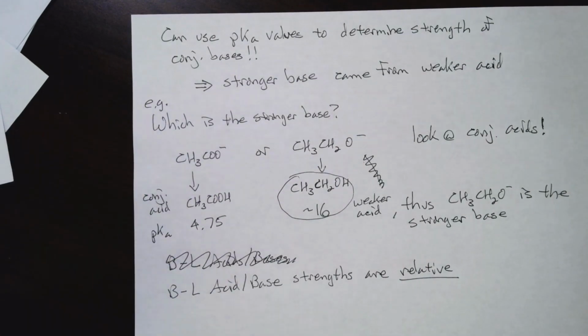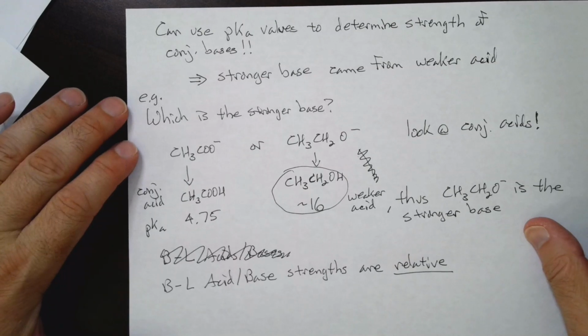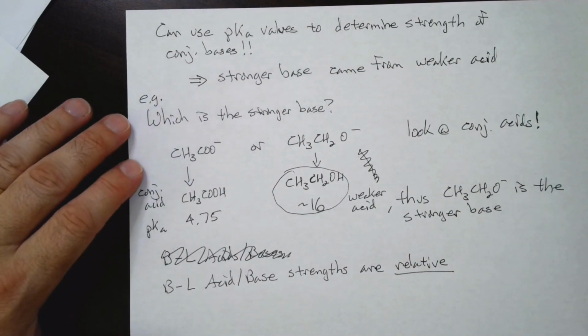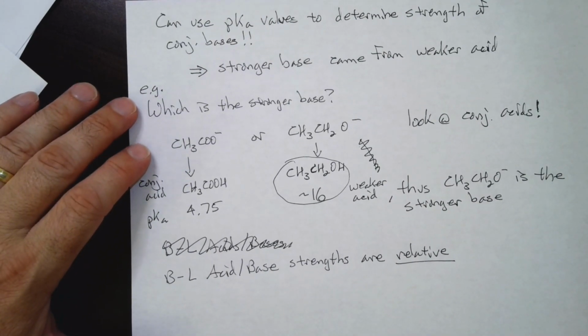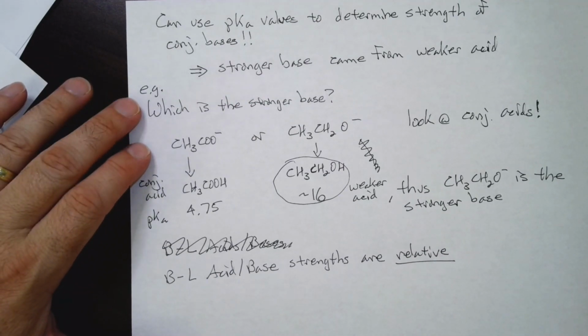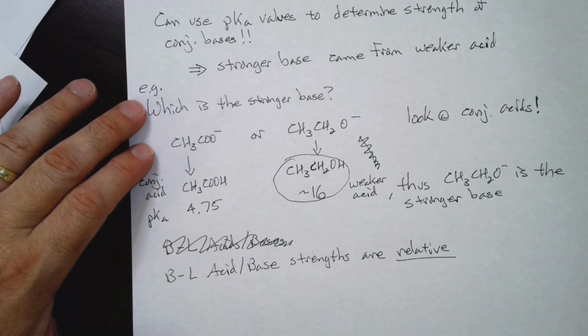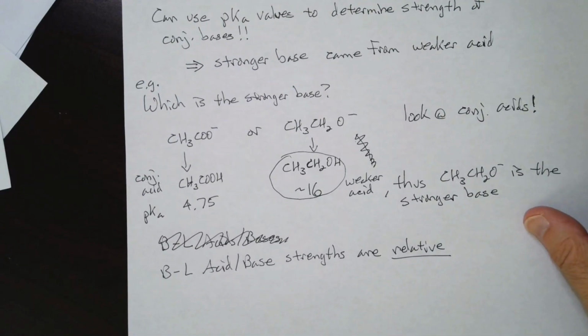That is, we use them to compare one acid to another acid, or compare one base to another base. And it's important, though, to become familiar with some general trends in pKa's of different organic compounds, so that you know really what to expect. We can talk more about the trends. Maybe in class we'll go over more examples.